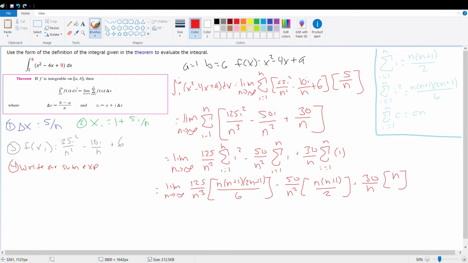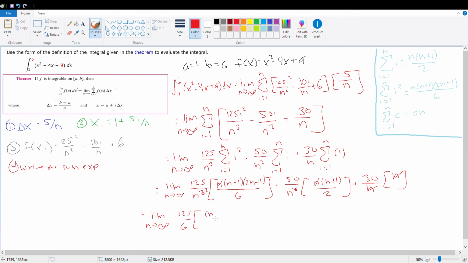And now we can simplify a little bit more. We can cancel out this n with the n down here and make that squared. This n gets canceled, this becomes n to the power 1, and these two n's cancel altogether. So what I'm going to do now is write our limit, because we haven't evaluated that yet. And I'm going to bring the 6 out of there and just leave the n's by themselves.